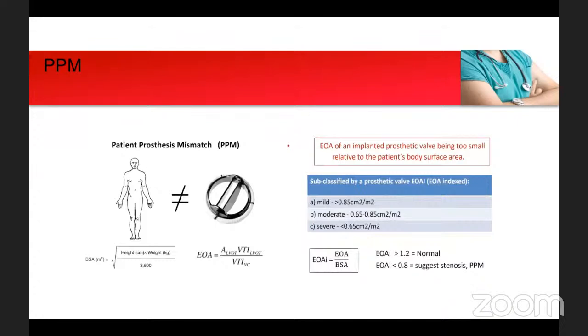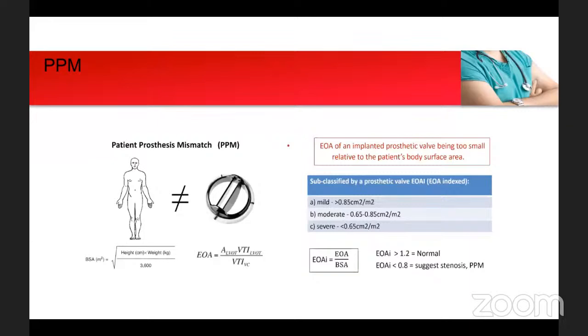And to classify a prosthetic valve mismatch, we calculate what's called the effective orifice area index, which is calculated by dividing the effective orifice area of the prosthesis used by the patient's body surface area. And we have three categories from mild to severe.